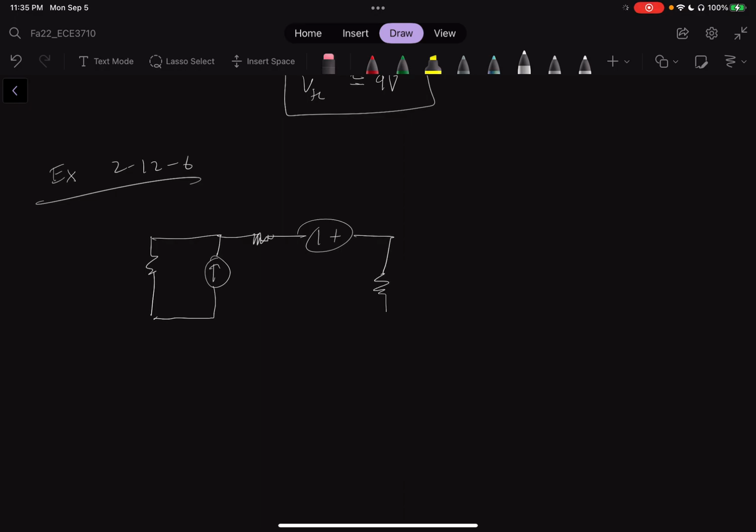This is a resistor. A plus, B minus, R3, I1, R1.